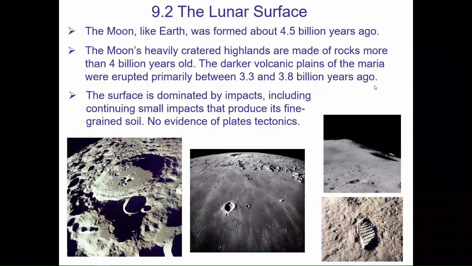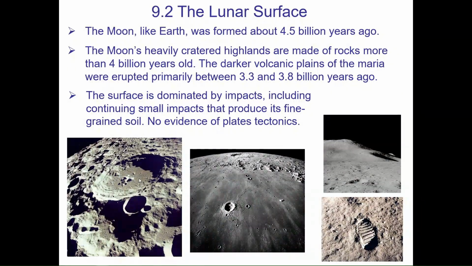The other way we can estimate the age of the surface is by counting the craters. At the bottom, I have two images, one from Maria, which is a darker, flat region that was once a lava flow, and this one is a highland, which is a lighter, higher elevation region.